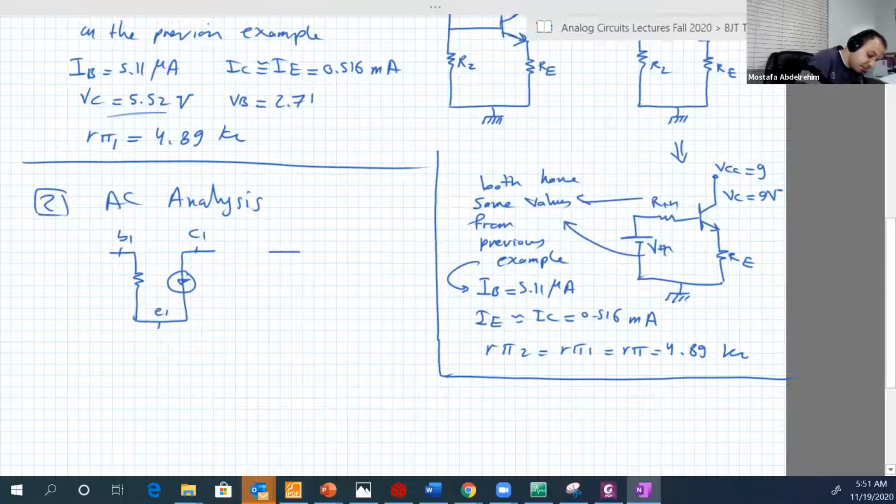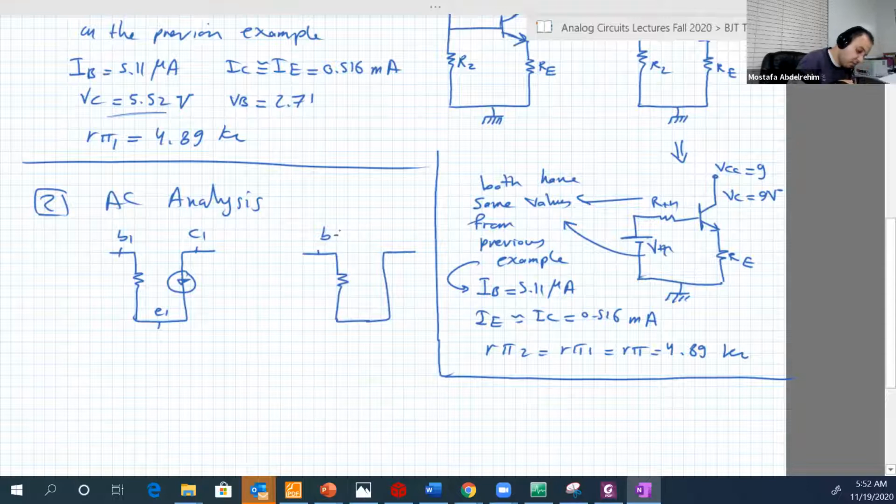Then base 2, collector 2, and emitter 2. And here is R by and also R by. Here is IB1, here is IB2.